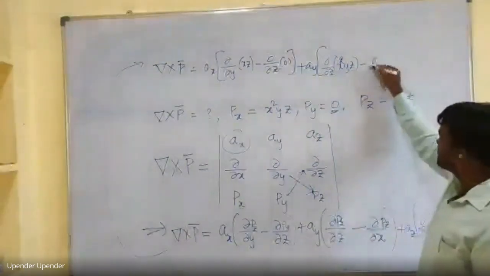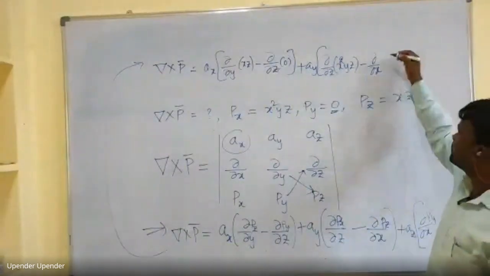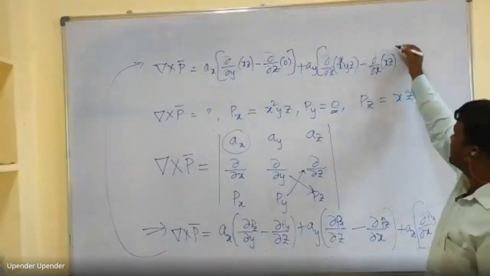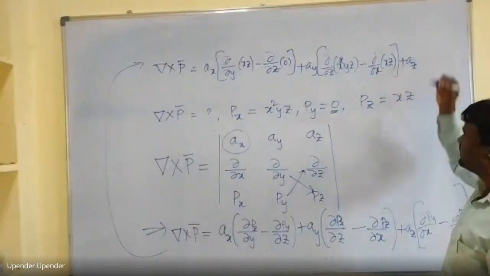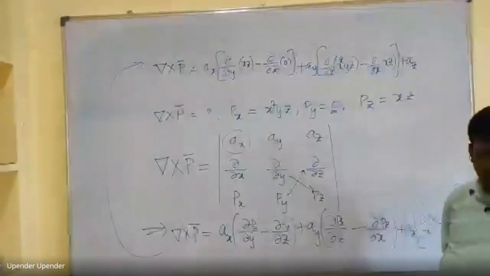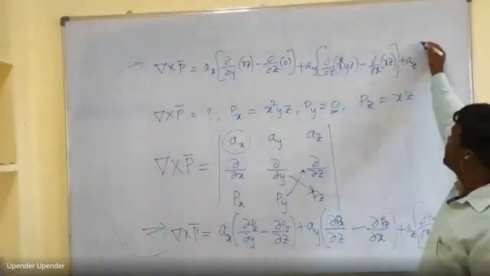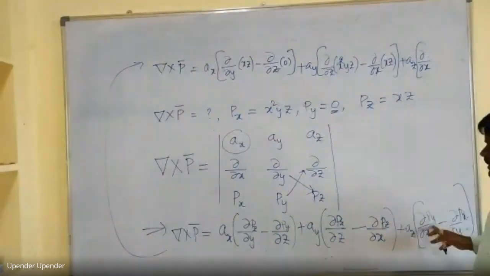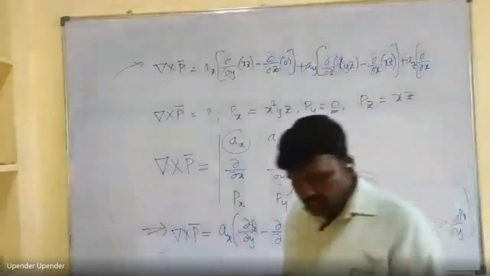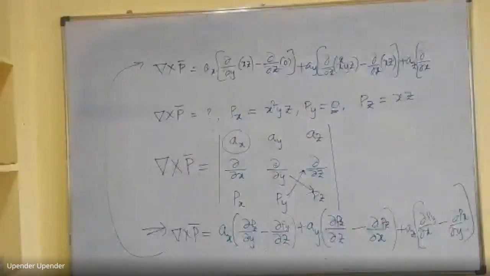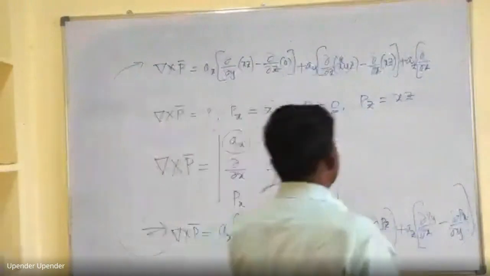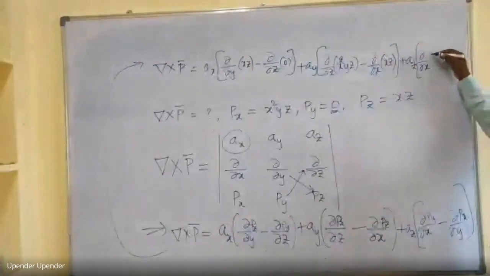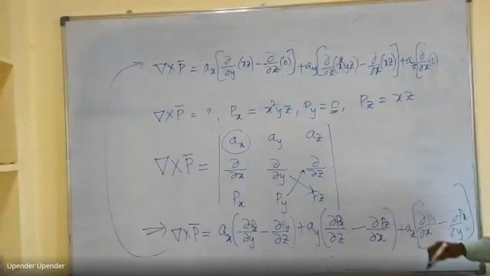Minus dou by dou x of Pz. What is the Pz value? That is xz. Plus az. After z, of course, it is dou by dou x, and here you need to write Py. What is Py? Py is 0.